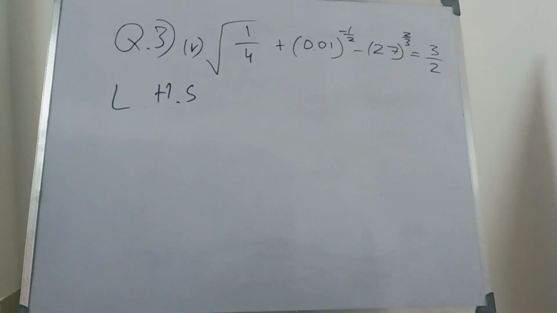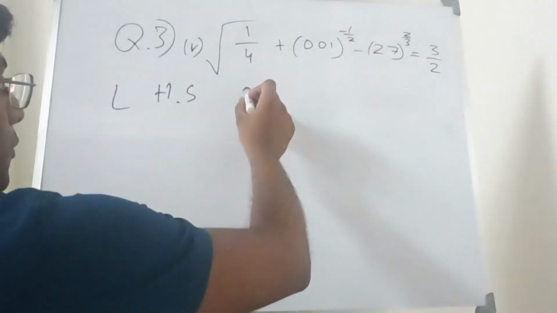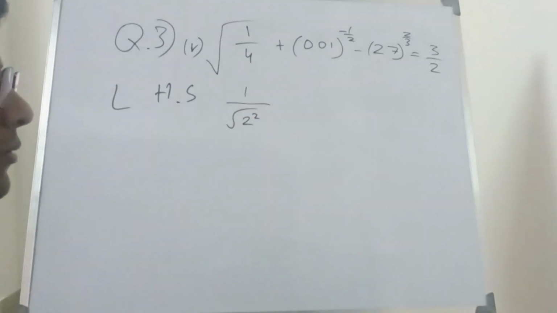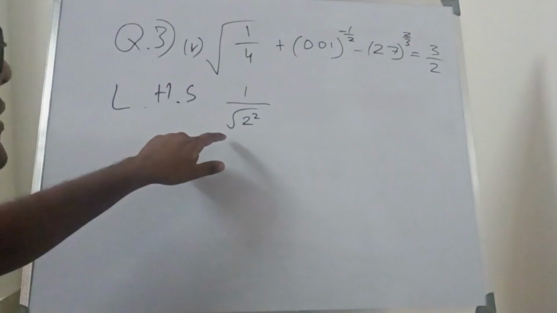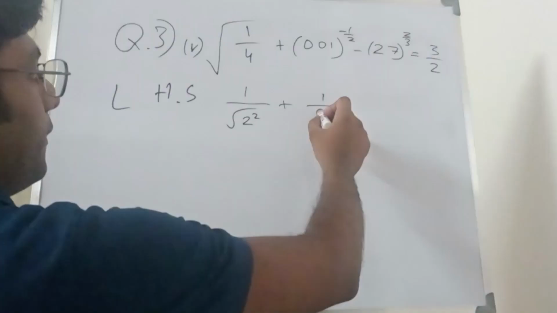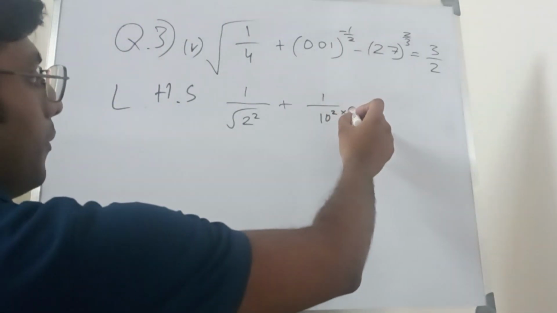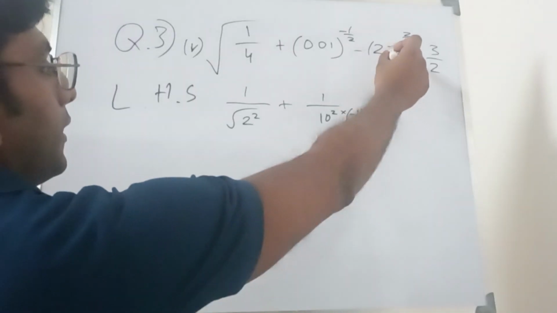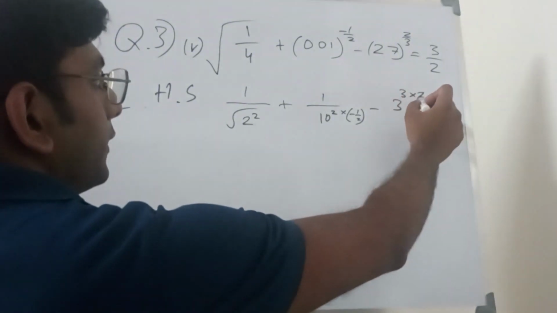For solving this question, what I have done is, I am making this square. So 1 over 2 square root over. So this 2 square gets cancelled because of this root over. So ultimately this will be written as half, and this part 1 by 100 can be written as 10 square into this minus half, minus, that is 3 cube, into 2 by 3.